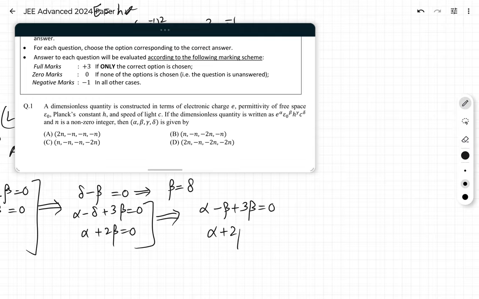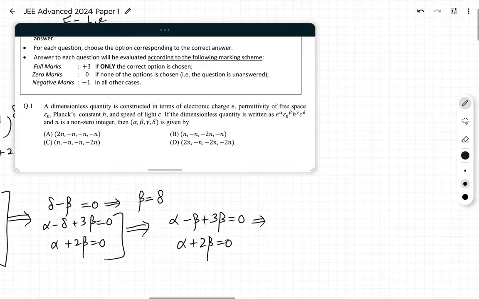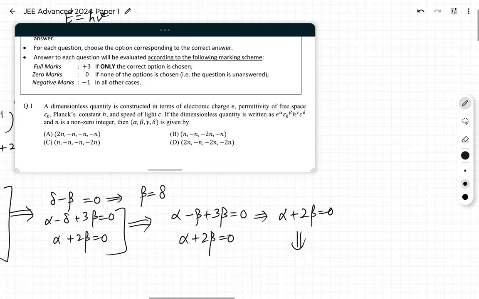Alpha plus 2 beta equals 0. Both these equations give us the relation between alpha and beta. So alpha, 3 minus 1, 2 beta, okay, it's the same. We get alpha equals minus 2 beta.